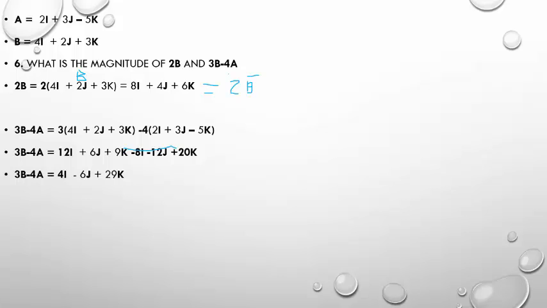For us to find the magnitude of 2b now, we have been able to find 2b, we have been able to find 3b minus 4a. The magnitude of 2b squared will now be equal to, you multiply this, so it will be 8i times 8i.